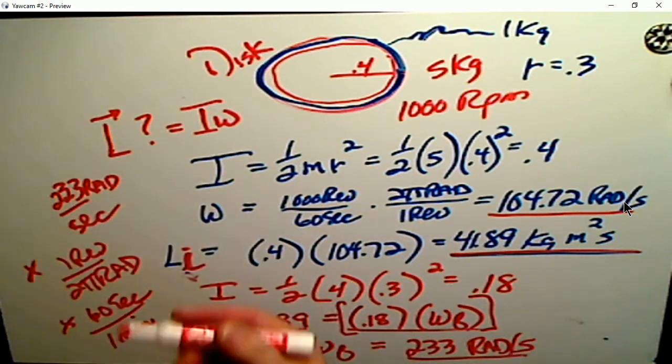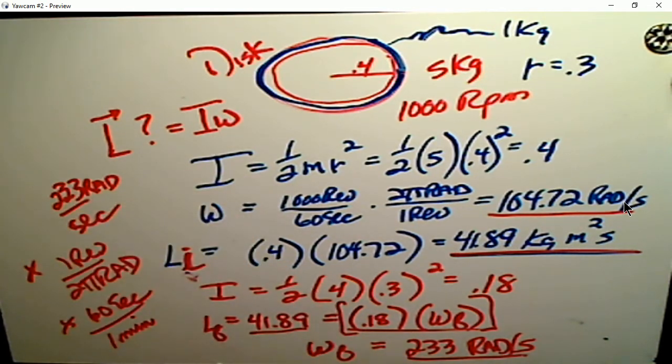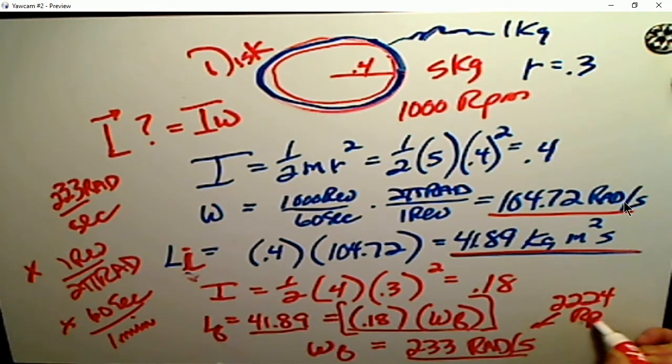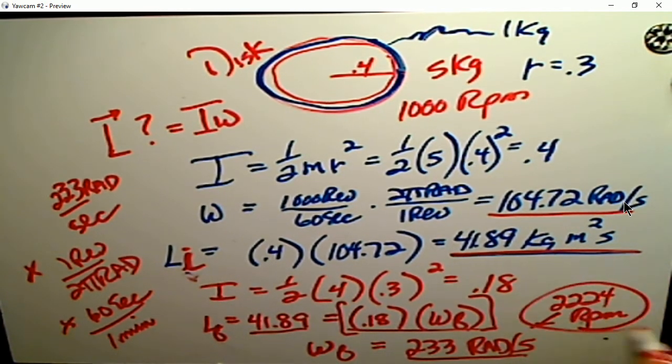That will convert back to RPM. The equivalent RPM, if you do that math, is about 2,224 RPM. RPM speeds up drastically.